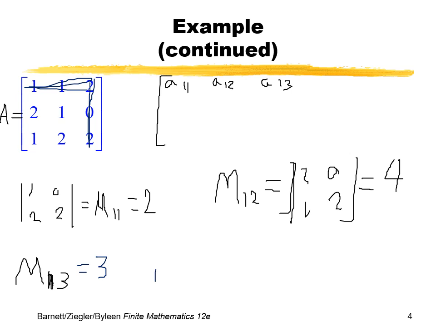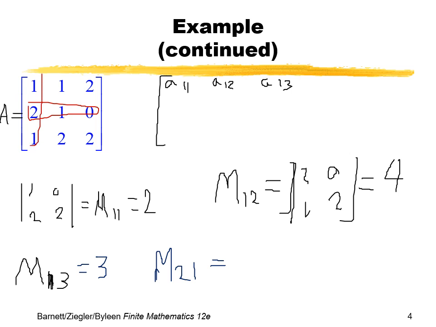Minor 2,1, as its name says, second row, first column. We will cancel out the second row and the first column.